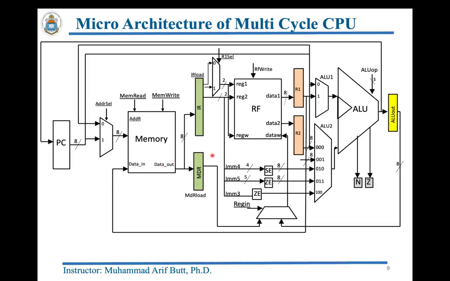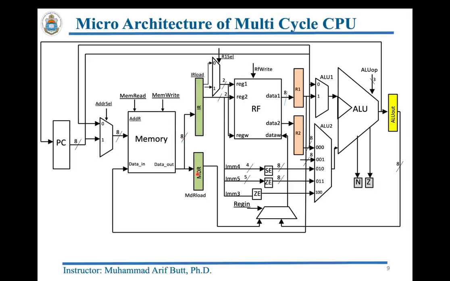The key change, as you can observe, is the introduction of temporary registers to hold the outcomes that are produced by each cycle. For the time being, just ignore the details and focus on these colored boxes. This IR represents the instruction register used to hold the instruction for decoding. A register is needed as we are using a single memory for both data and instruction over here.